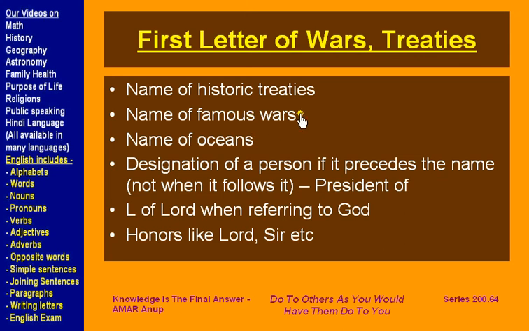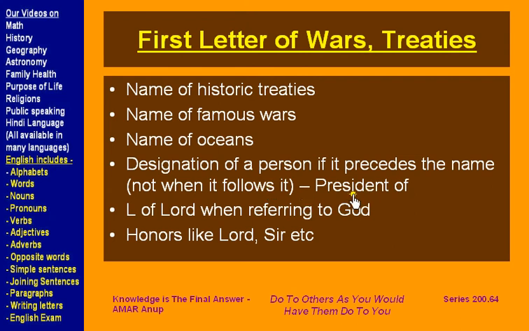Names of famous wars like First World War, Indo-Pak War, the Spanish War, all the first alphabets of all these are capitalized, and again we will see them in part 2. Names of oceans like Atlantic Ocean, Pacific Ocean, Indian Ocean, Arabic Ocean, they are all capitalized.